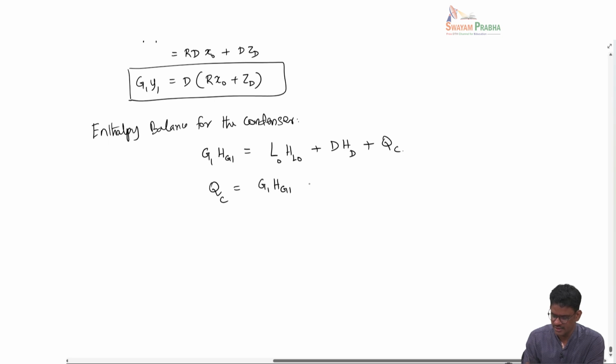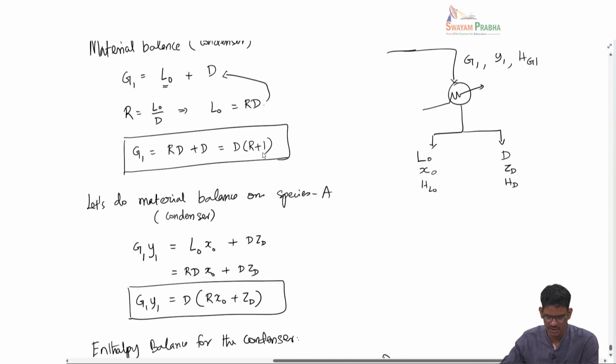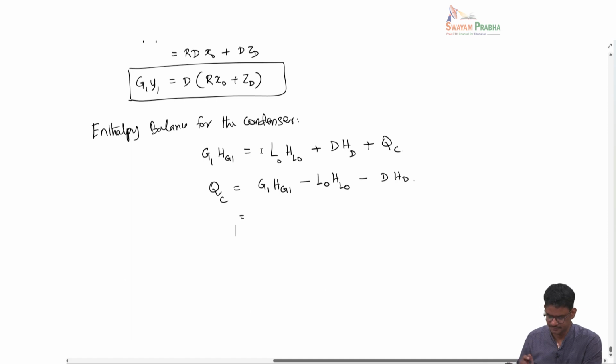Then you can write QC is equal to G1 Hg1 minus L naught HL naught minus DHD, and we already know that from the material balance we found G1 can be written in terms of reflux ratio as D times R plus 1. So I am writing G1 as D times R plus 1 Hg1, and L naught is nothing but R times D, minus DHD.